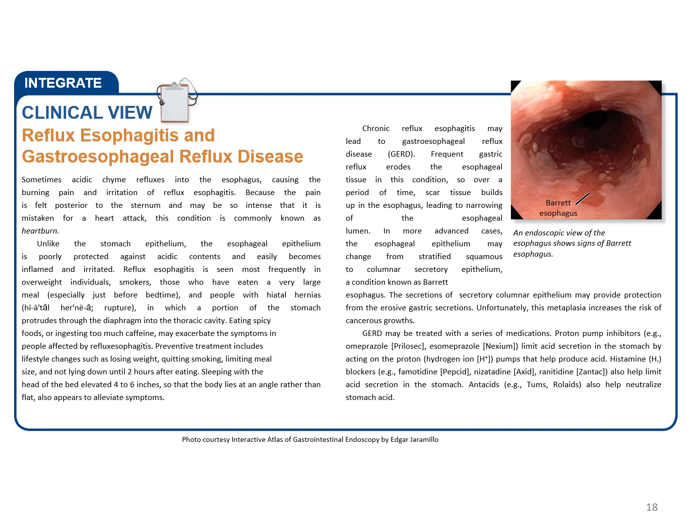So some of the risk factors for this are being overweight, smoking, if you eat an extra large meal, larger than you normally would, hiatal hernias, where there's a little portion of the stomach that protrudes up through the diaphragm, which normally it should not. Spicy foods, too much caffeine, things like that can all increase the risk of reflux.